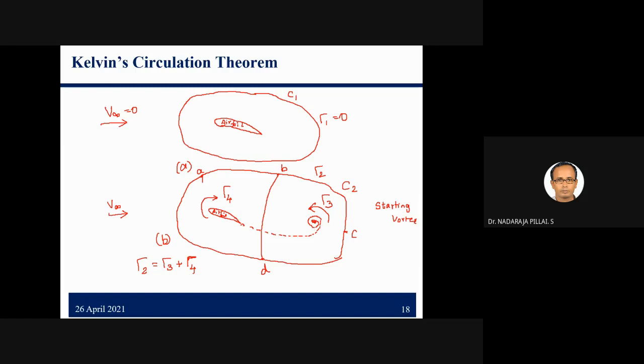So this is called the starting vortex. The starting vortex has a strength gamma 3, and this in turn produces some gamma 4. If only gamma 3 exists, then there should definitely be a gamma 4 in order to have gamma 2 equal to 0. So gamma 3 plus gamma 4 is equal to 0, then gamma 3 is equal to minus gamma 4, or vice versa.